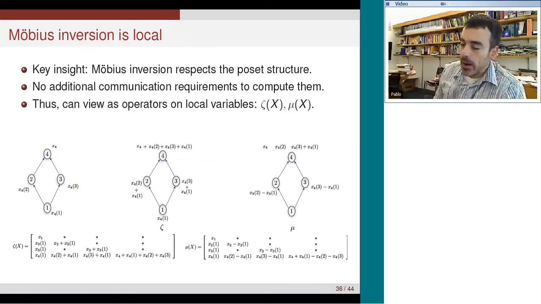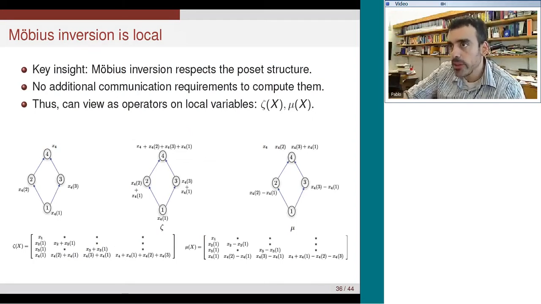Again, the key insight is that this Moebius transformation is actually local. It's a local operation that you can do with the decentralization constraints that you have. And again, as an example, think about the local chain and think about doing either integration or differentiation, right? And you can do integration or differentiation there just by message passing.